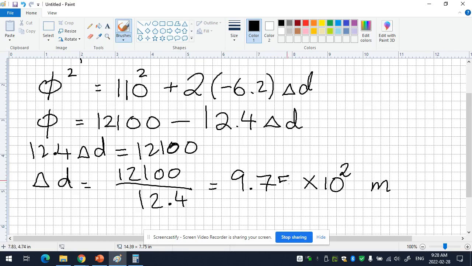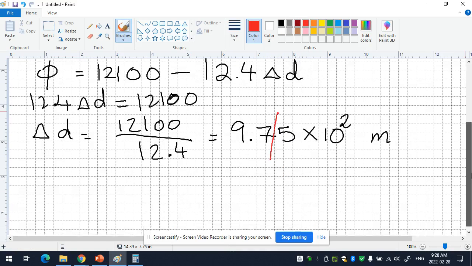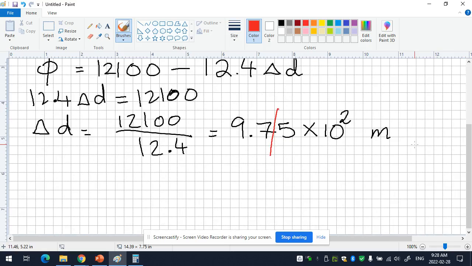So 7.5. And now I'm going to round to 2 sig figs. What would this be to 2 sig figs? 9.8. I know it came out to be the same. But what if it didn't? What if I was fooled to actually believe that would have been 9.74? No. Cut, and then you decide. So 9.8 times 10 to the 2 meters.